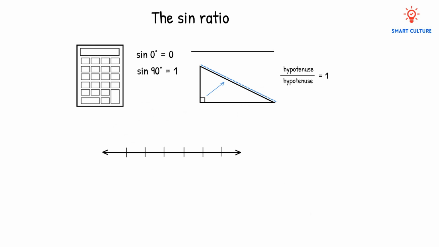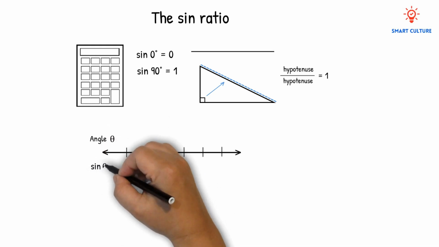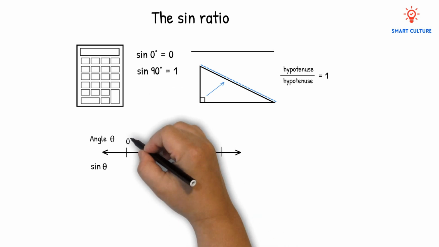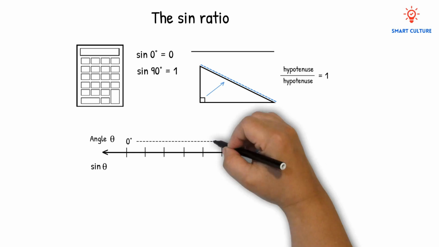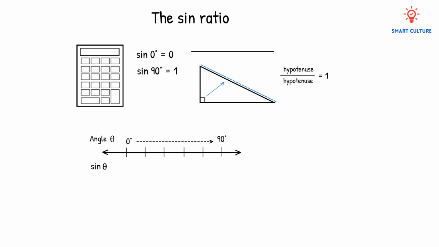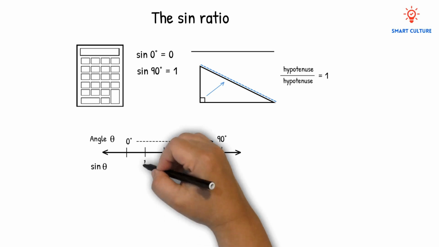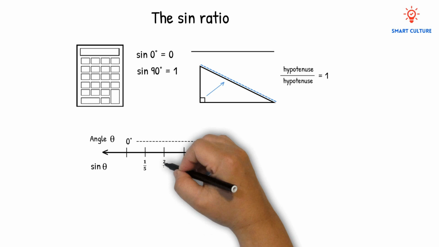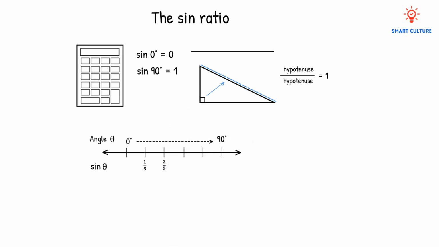Let's visualize all of this on a number line. Starting from 0, representing the sine of 0 degrees, the value of sine increases as the angle goes from 0 degrees to 90 degrees. The values for our triangles would be plotted as follows: the first triangle, with sine of A equal to 1/5, will be plotted somewhere close to the start. The second triangle, where the sine of B is equal to 2/5, will be plotted a bit further along.